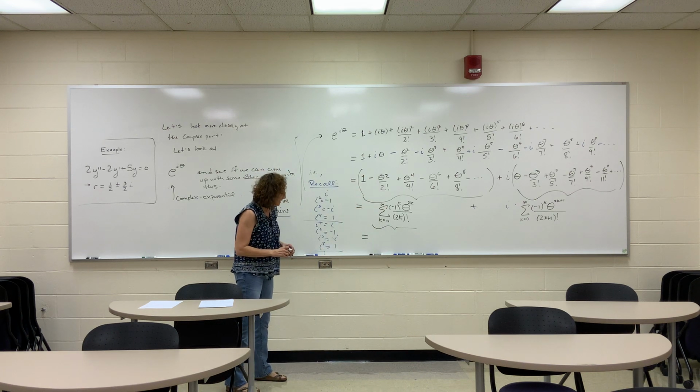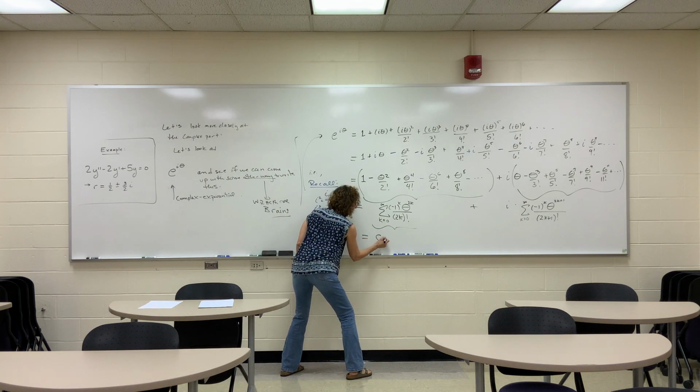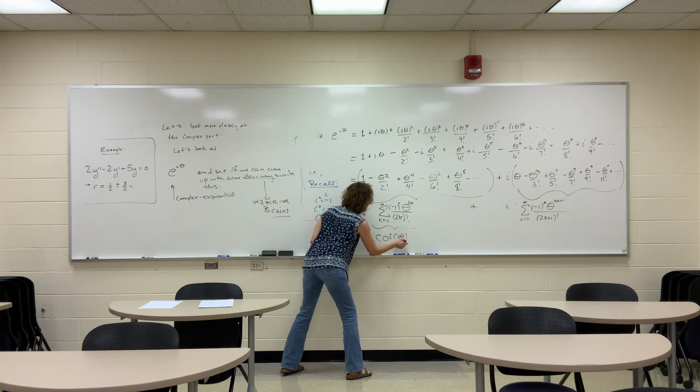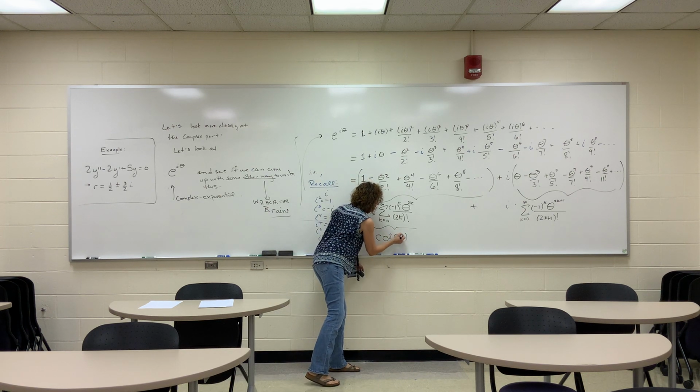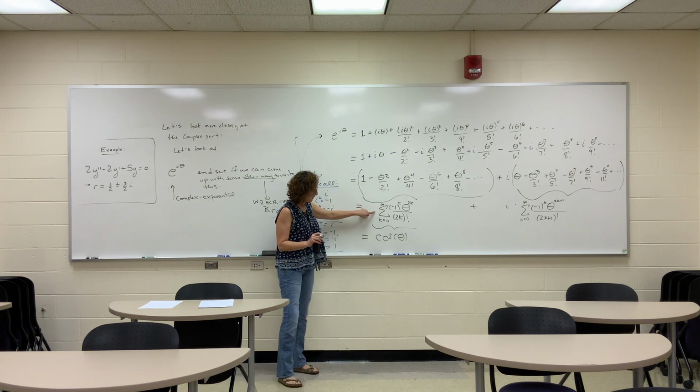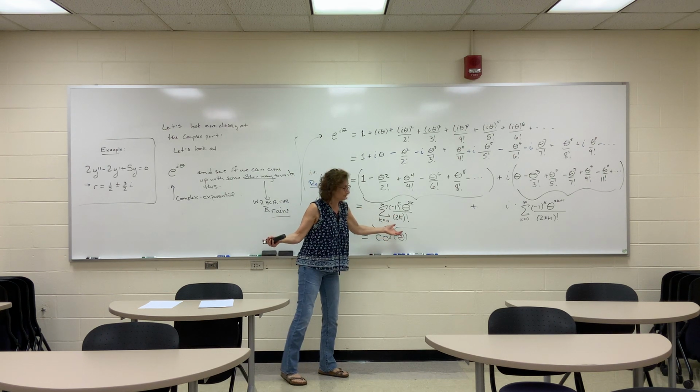What is that equivalent to from calculus? Beautiful. This is cosine of theta, right? This is the Maclaurin series for cosine of theta, which is valid for all theta, any real number, right?